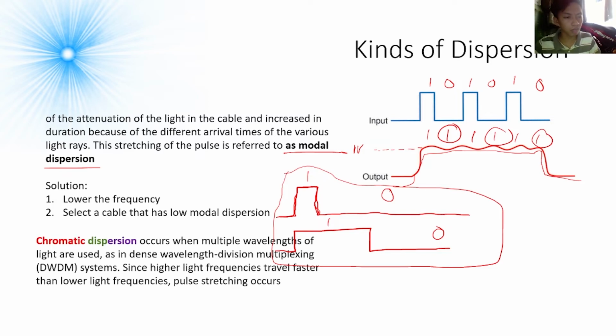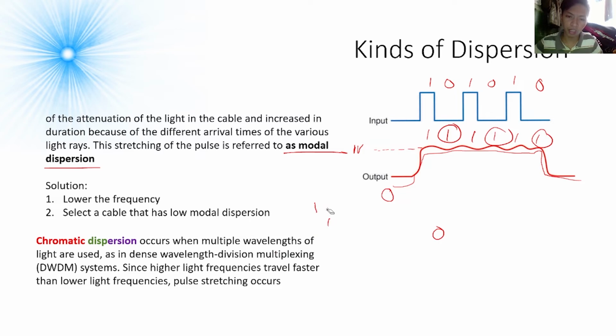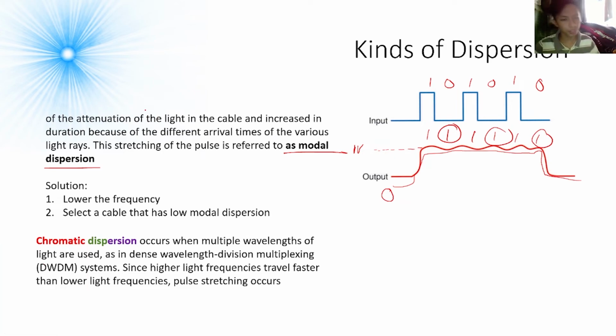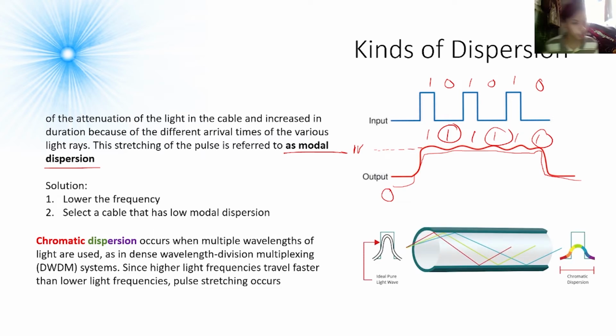So the next one would be chromatic dispersion. From the text itself, chromatic, color, and dispersion. So we know the concept of dispersion. This occurs when multiple wavelength lights are used, as in the dense wavelength division multiplexing systems, since higher light frequency travel faster than the lower light frequency, pulse stretching occurs.